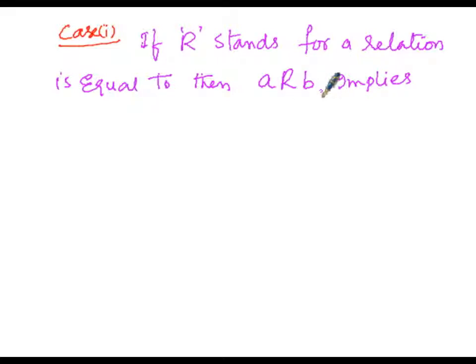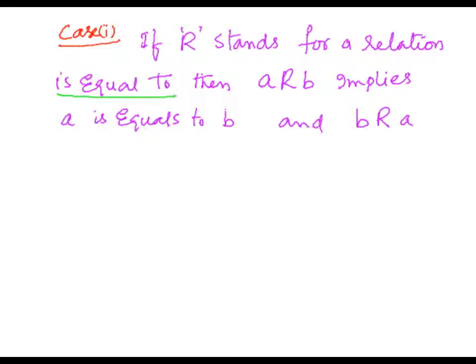So instead of R, the relation is equal to, so A is equal to B. And as well, if I write B R A, the relation is equal to, then B R A means B is equal to A.